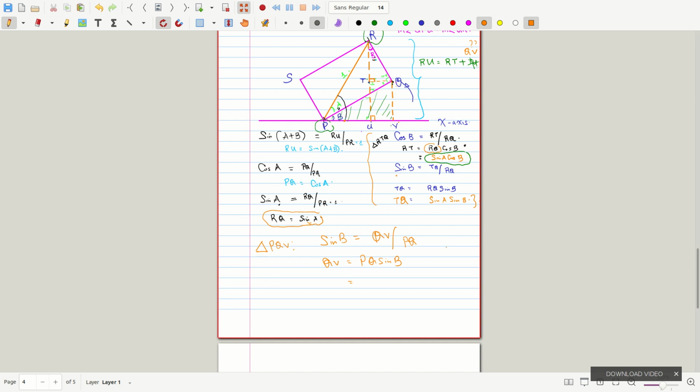And do we have a result for PQ anywhere? Yes, I think PQ is already here.